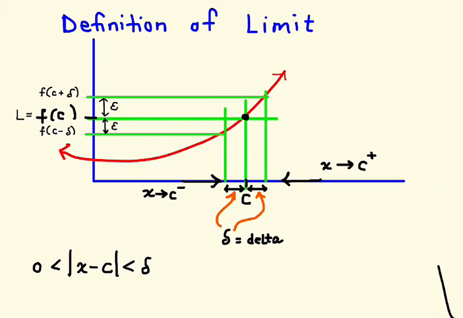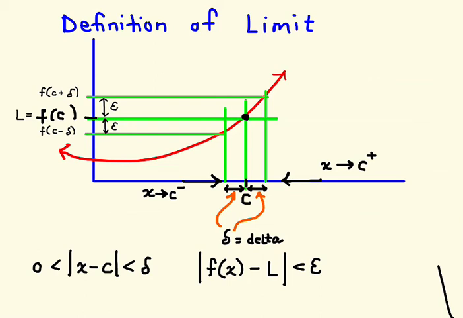And also to be true is that the difference between f of x, now this x is the x value that's approaching c, right? And the limit, and so I'm going to take the absolute value, is going to be less than epsilon, okay?